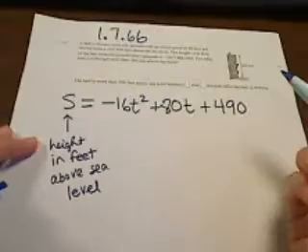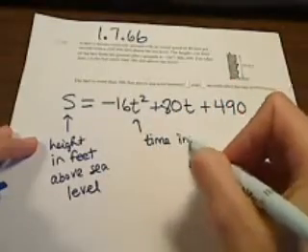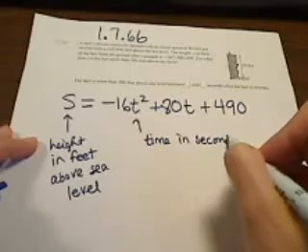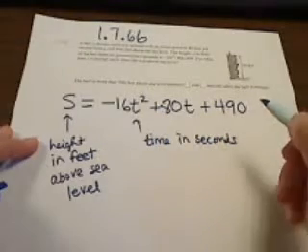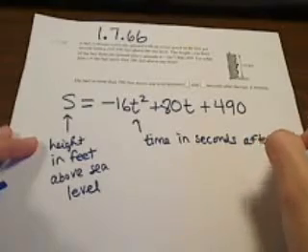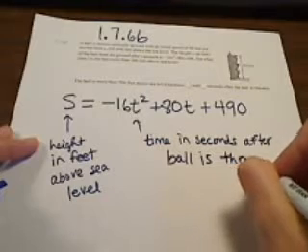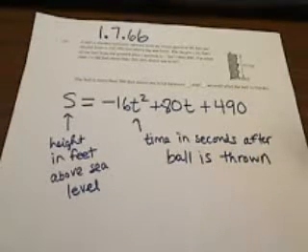And the t is representing the time in seconds after the ball is launched, basically, or the ball is thrown. It's really important that you be able to identify which variable is which, because that's going to help us to determine what we're doing in this problem.